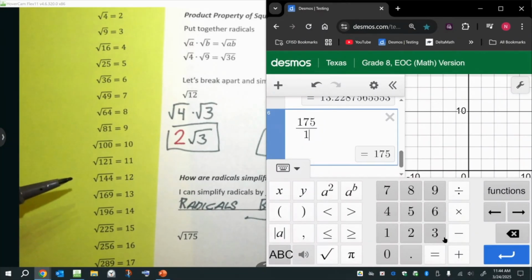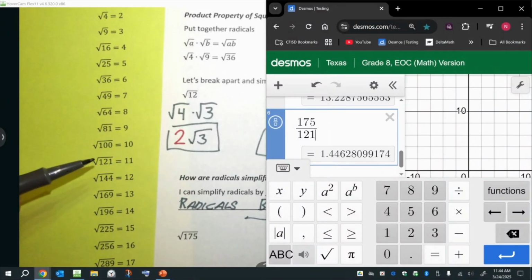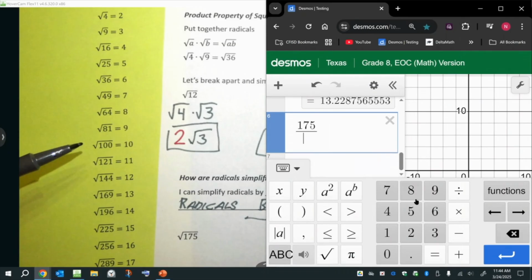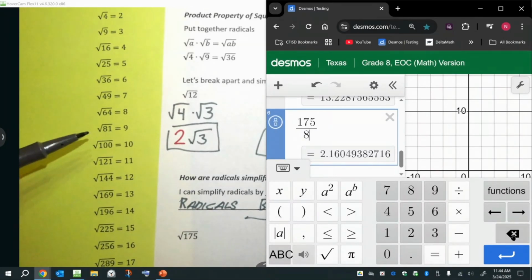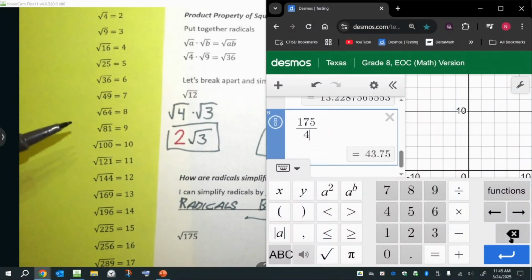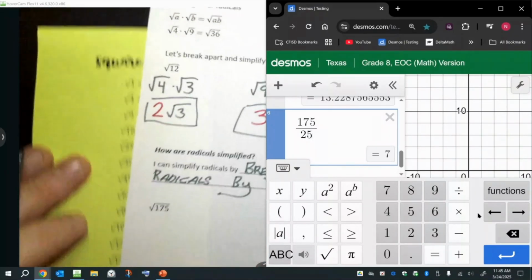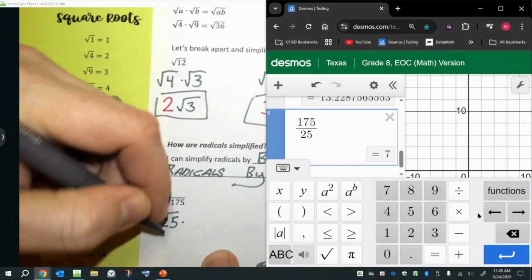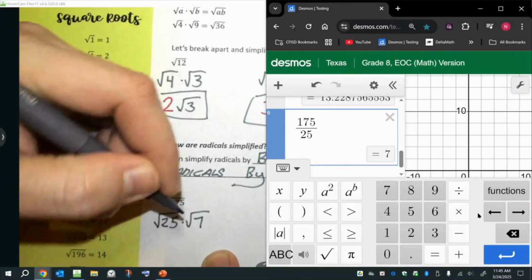No. Next one? No. Next one? No. 36? No. 25? Hey, 25! So the square root of 175 is the square root of 25 times the square root of 7.